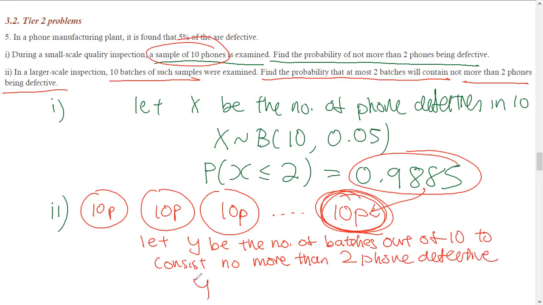So y is the number of batches, and it follows the binomial distribution with 10 batches. The probability of each batch having not more than 2 phones being defective is actually 0.9985.